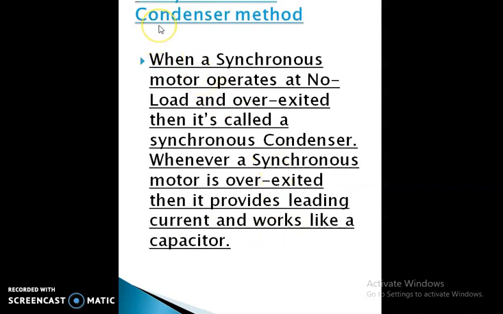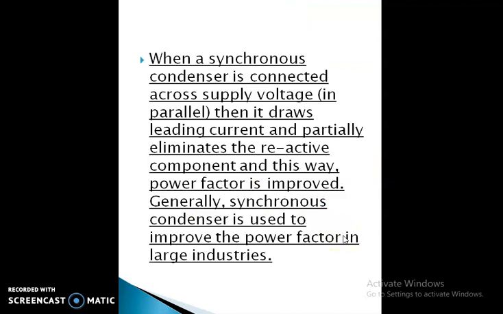Second method is the synchronous condenser method. When a synchronous motor operates at no load and overexcited, it is called a synchronous condenser. Whenever a synchronous motor is overexcited, it provides leading current and works like a capacitor.